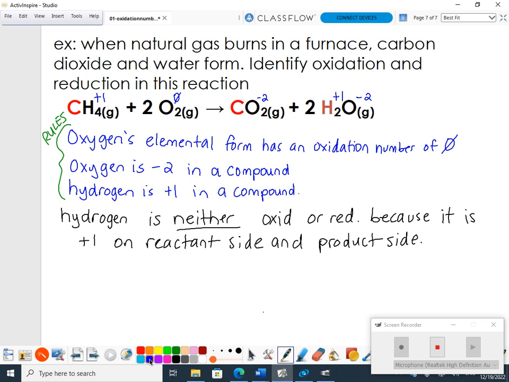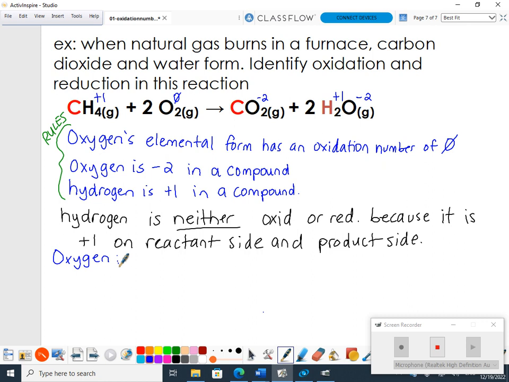So you could do it that way. Let's look at oxygen because we've already assigned the numbers.